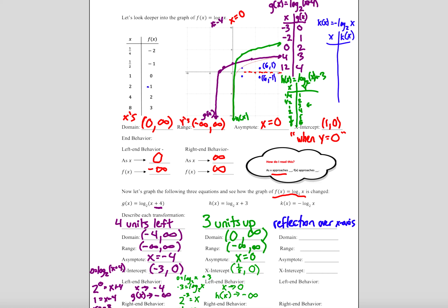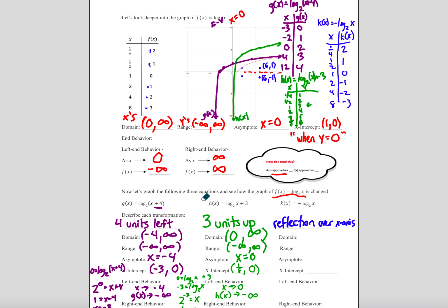So all of our f of x values just change signs, and the 0 stays the same because 0 doesn't have a sign. So that would be 1/4, 2; 1/2, 1; 1, 0; 2, negative 1; 4, negative 2; and 8, negative 3.